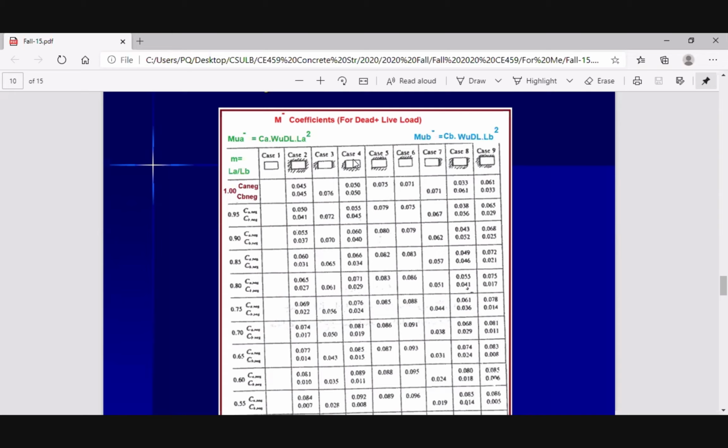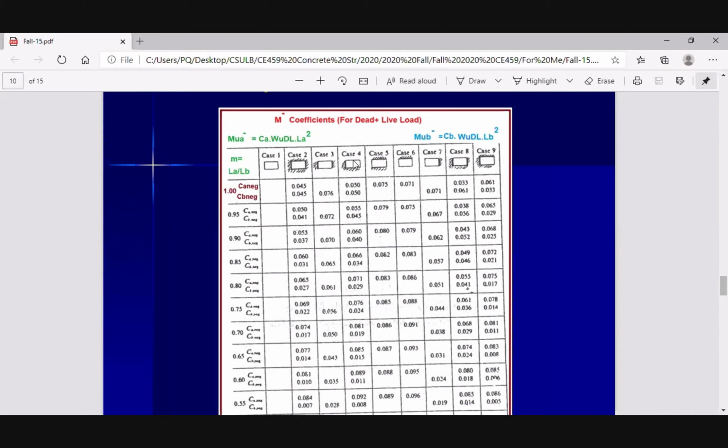So you can see no negative moment at the A direction, positive moment we have, negative moment at the other. This coefficient is for negative at the A direction. Other side, MU is 0. This factor is just for the shaded side, because the other side is simply supported.